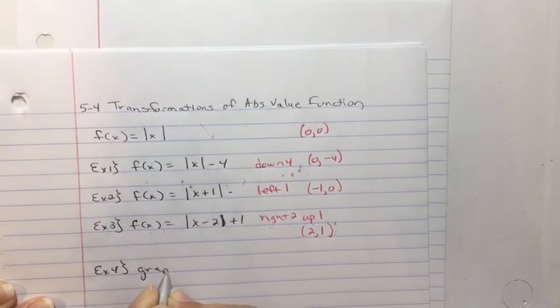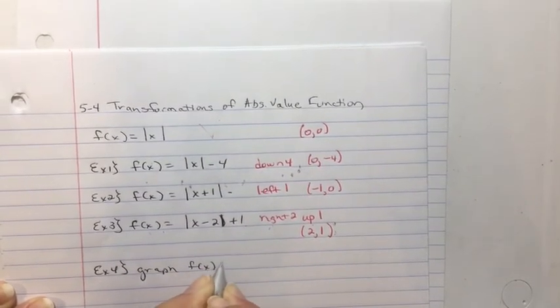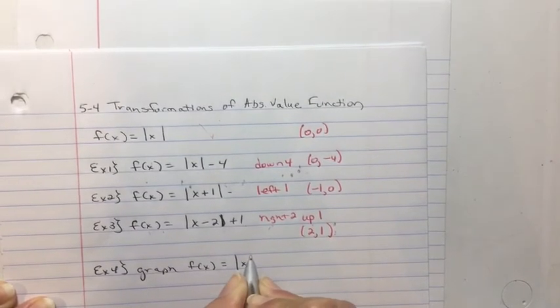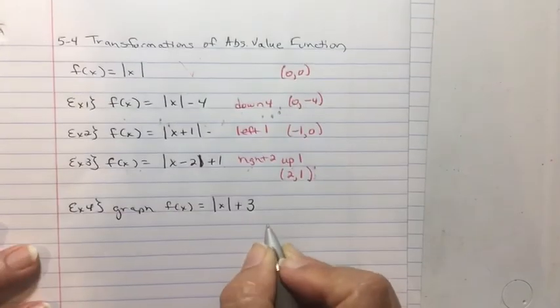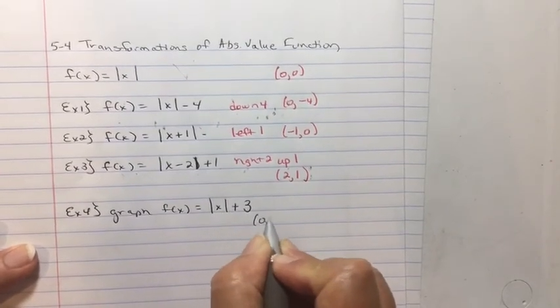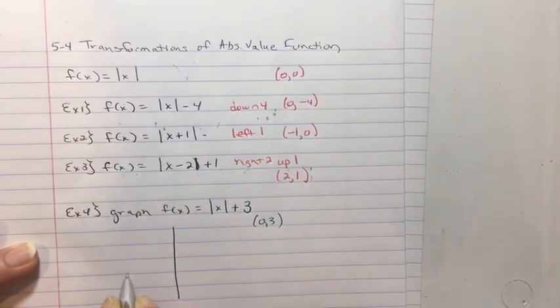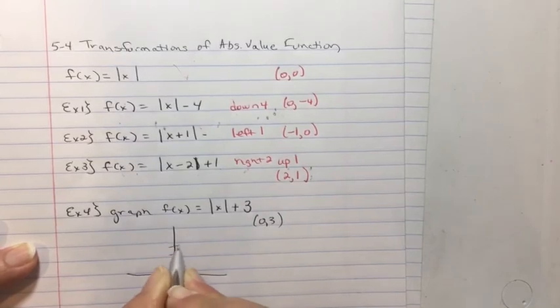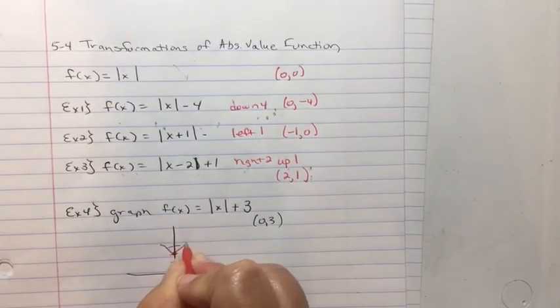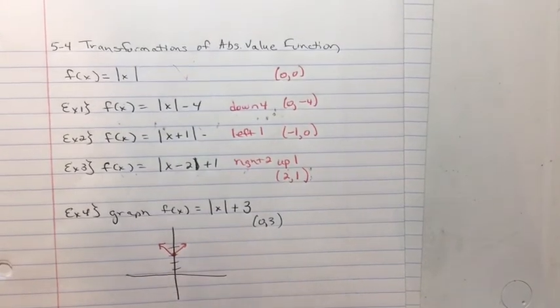Let's graph f of x equals the absolute value of x plus 3. So this would have a vertex of 0, 0, but it's moved up 3. So I just simply want you to locate where the vertex will be and just kind of sketch it out like that. Nothing fancy.